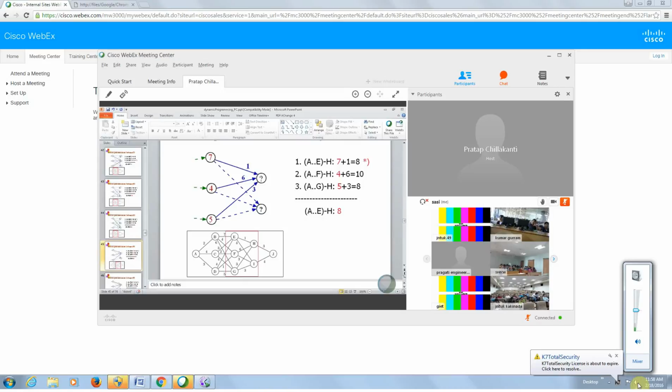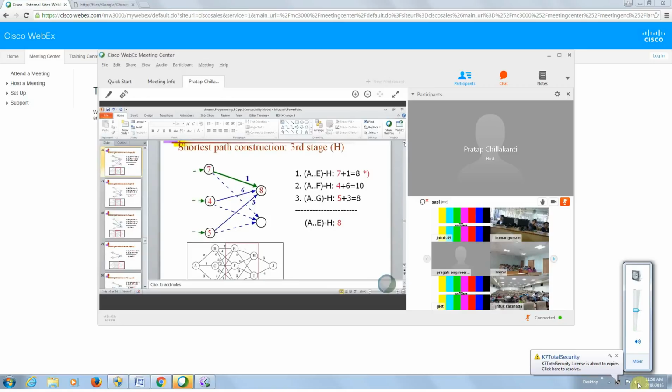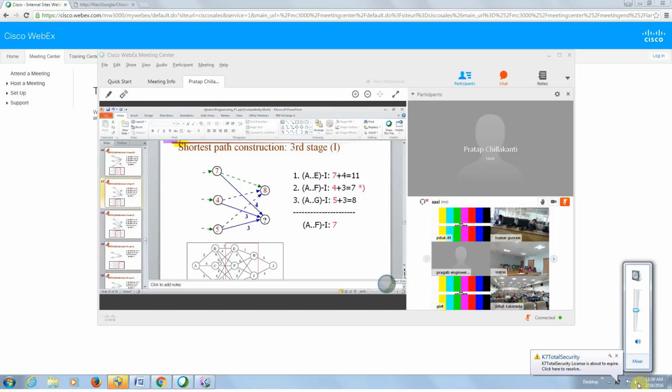Okay, so he chose AEH equal to 8. We go there here. Okay, and you compute it for, and then you can see that they selected the path called AEH, and that with the solid green arrow they highlighted that. That is the path, right? Okay.